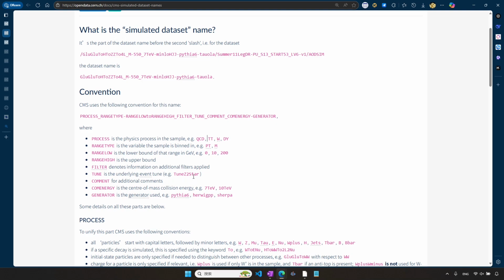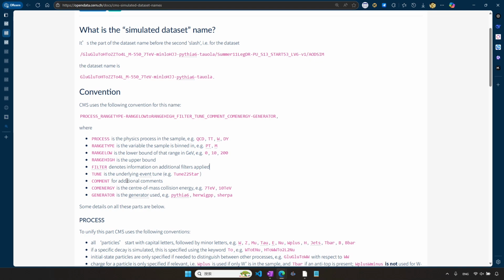It's a complicated part for the hadron physics because there are some tune parameters to describe the particle, to describe the hadron procedure, and there are many.